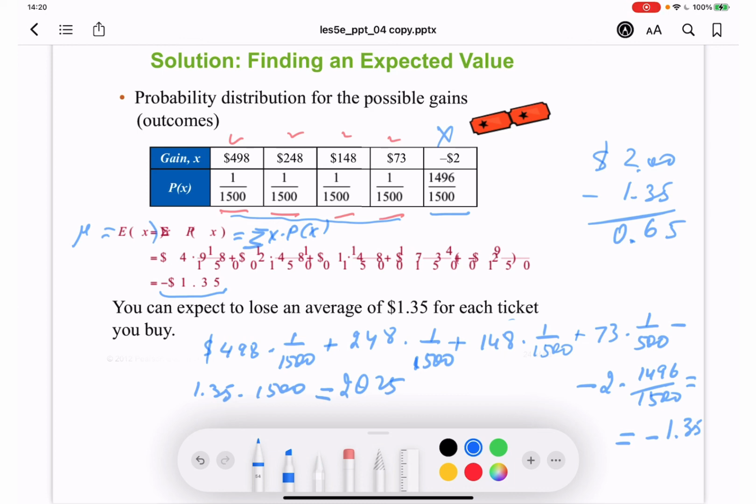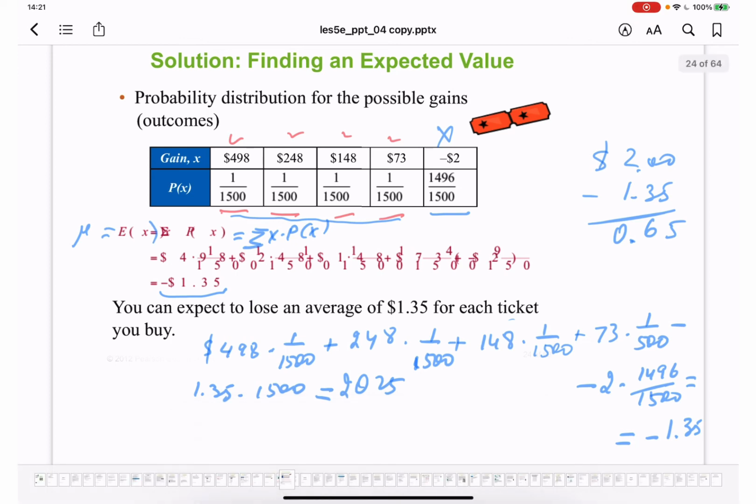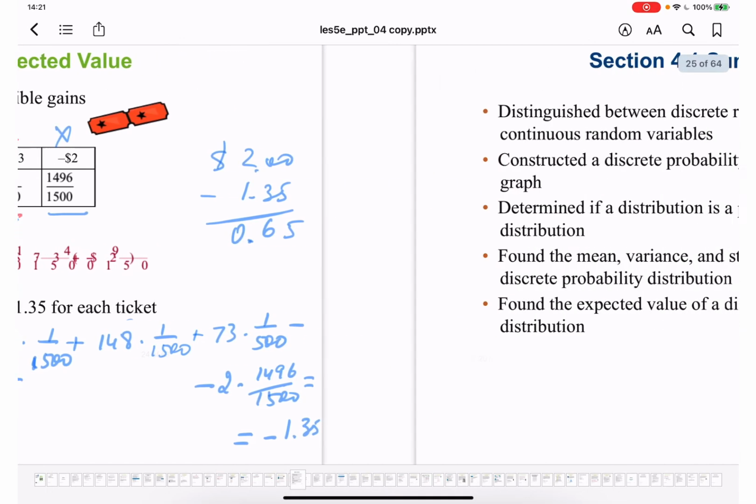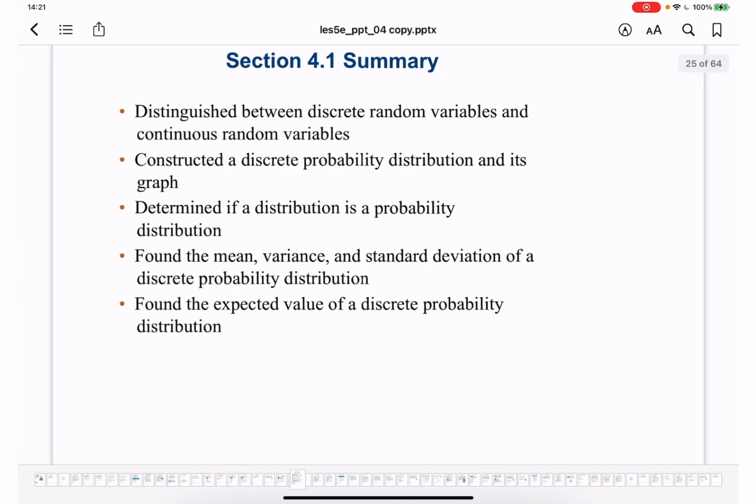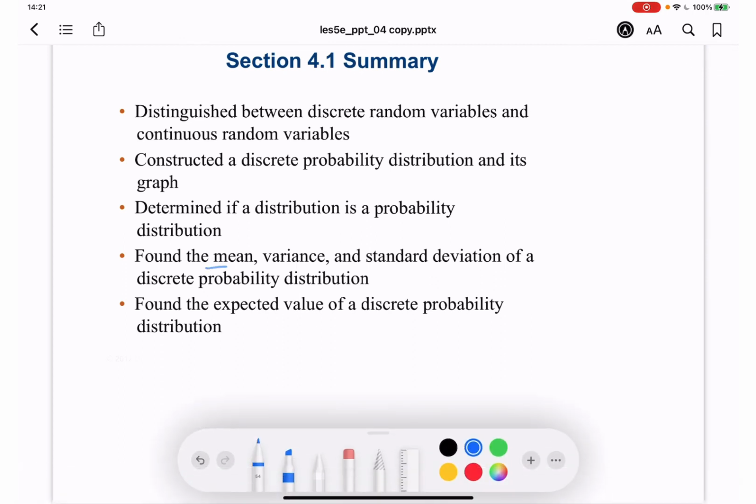Okay, so just so you know, playing the lottery, this is what you should expect. And that's pretty much it, expected value. So we learned how to figure out the mean, right? Mean is equal to the sum of x times probability of x. This is our mu, mean. Variance is equal to the sum of the squared difference of x and the average times probability of x.